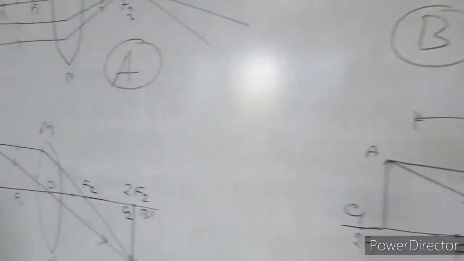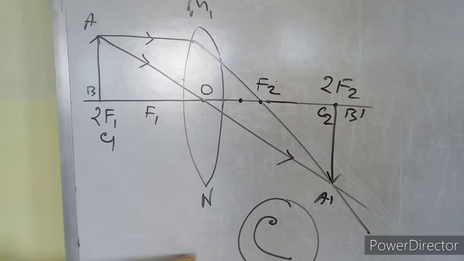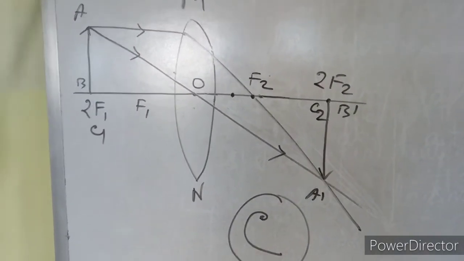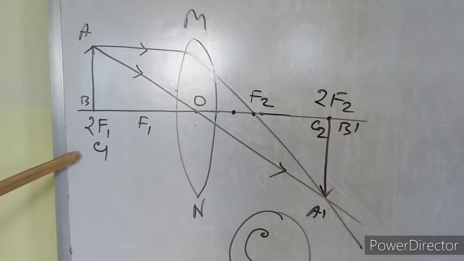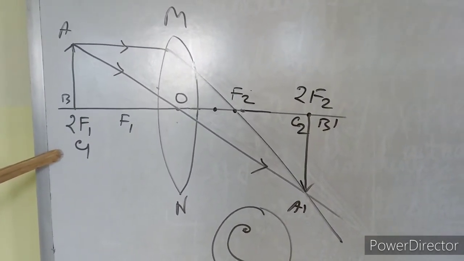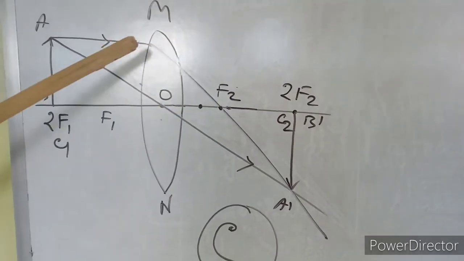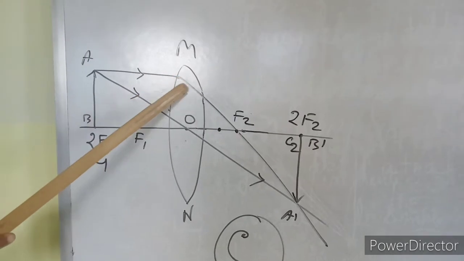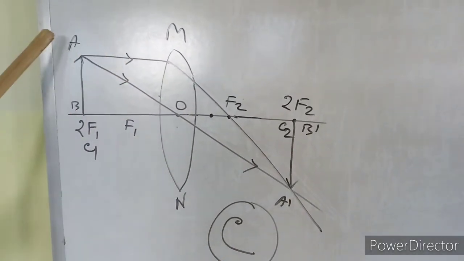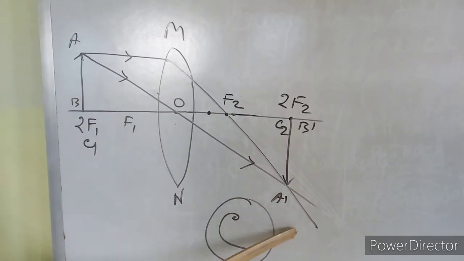Now third case, number C. Here from the figure you can find the object is placed at 2f1. At 2f1 when the object is placed, again the two rays I am going to take, one is parallel to the principal axis, as per rule after refraction passing through F2 on the opposite side, and another ray passing through optical center moving undeviated.